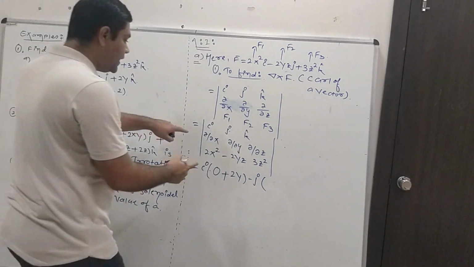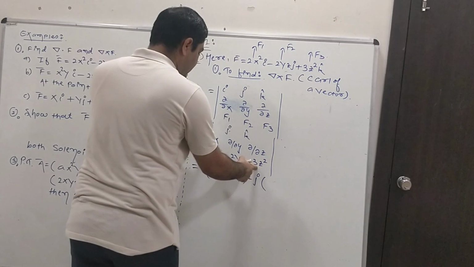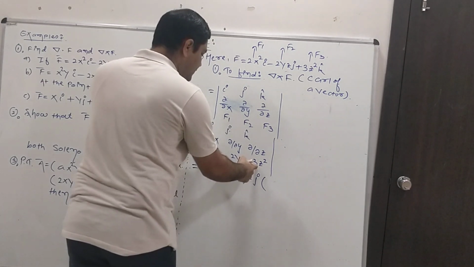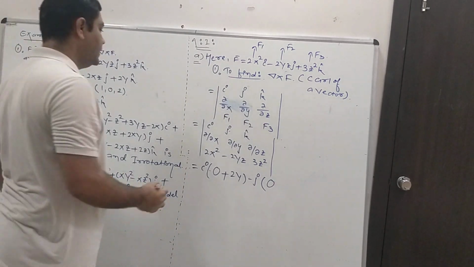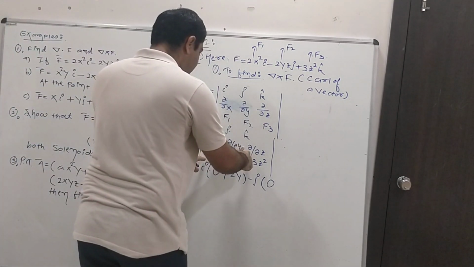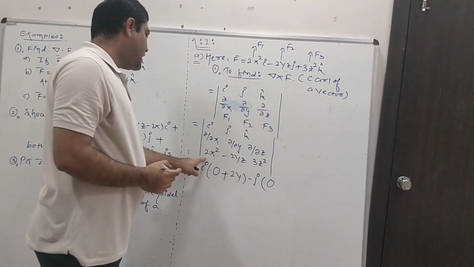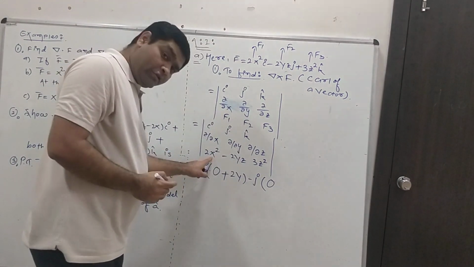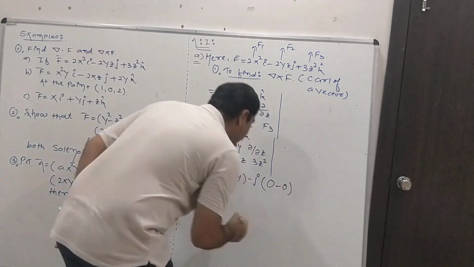Now we'll simplify doing cross multiplication with respect to x. Del by del x of 3z square becomes 0 because there is no x, and with respect to z of 2x square, also there is no z, students, so this becomes 0.